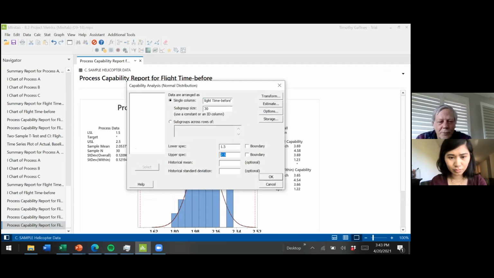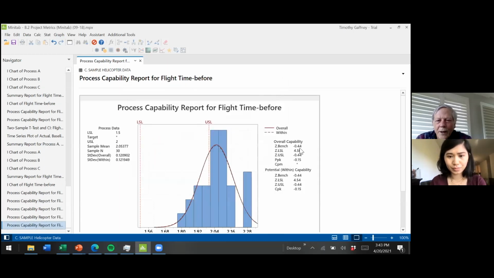Let's go to 2. Okay, here's the real one. If you add 1.5 to it, you end up with 1.06, and you feel good. So the Z bench is... That makes sense.